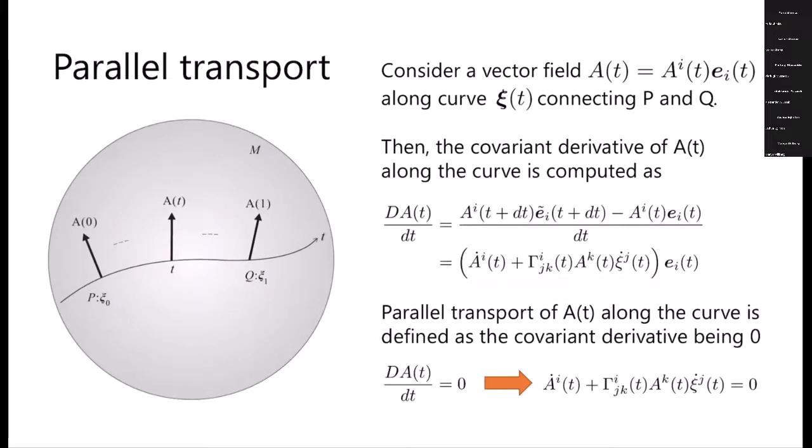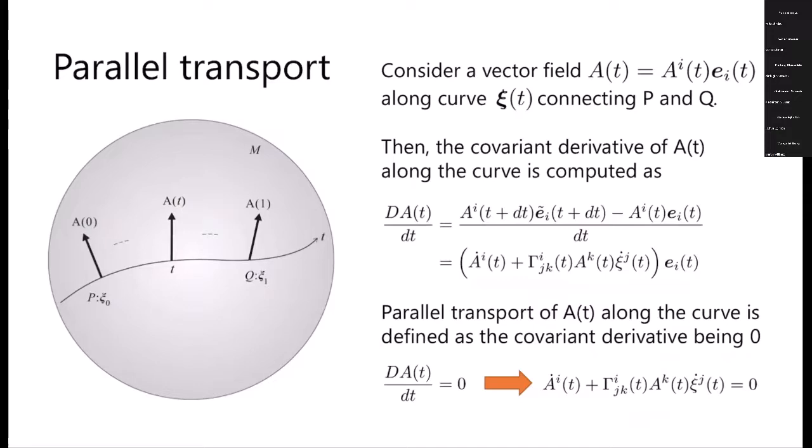And the parallel transport of A along the curve is defined as the covariant derivative being 0, meaning that the direction of the component of A does not change. And this is the equation for the parallel transport of vector A.